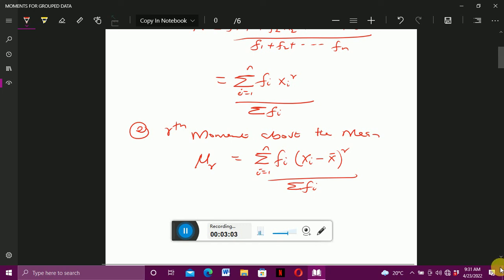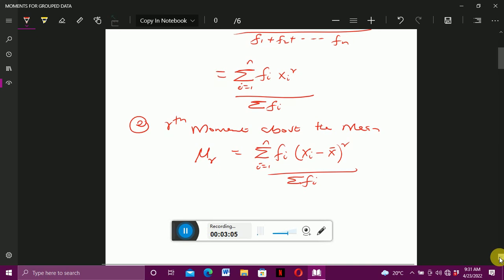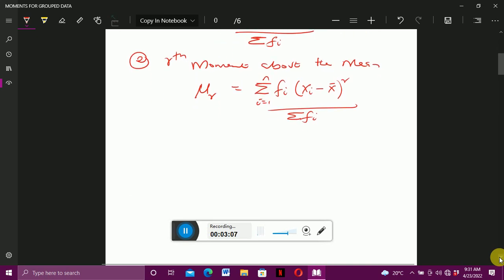And you remember that the first moment about the mean is 0, and the second moment about the mean is what we call the variance.